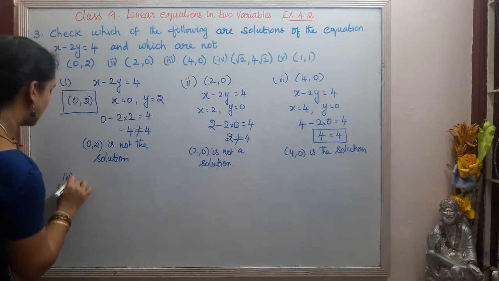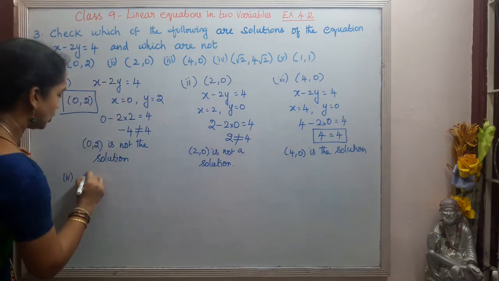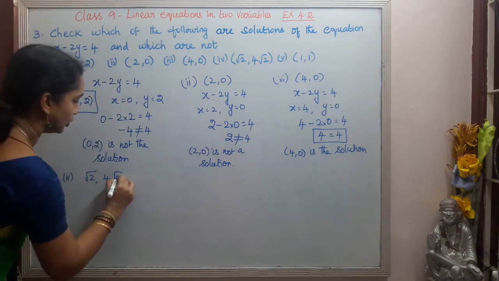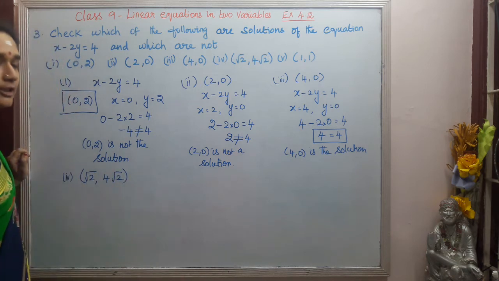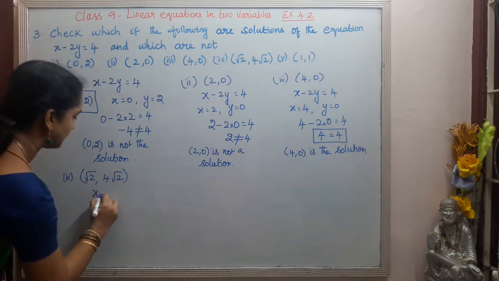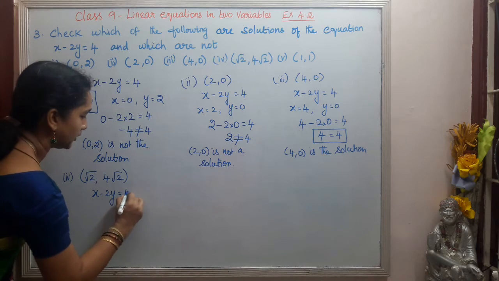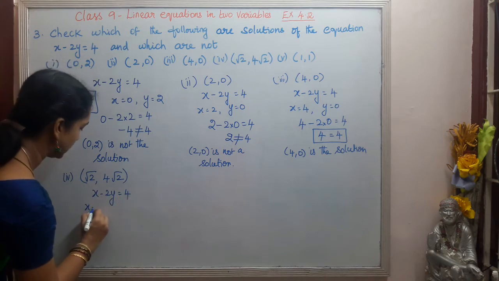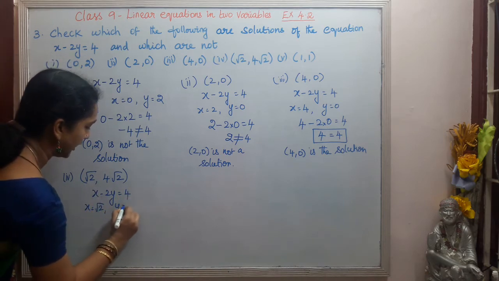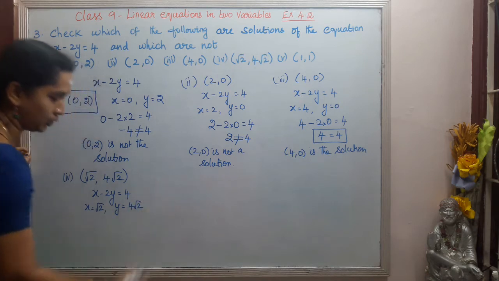Then fourth one is root 2, 4 root 2. These are the values given. So x minus 2y is equal to 4. The x value here is root 2 and the y value is 4 root 2.